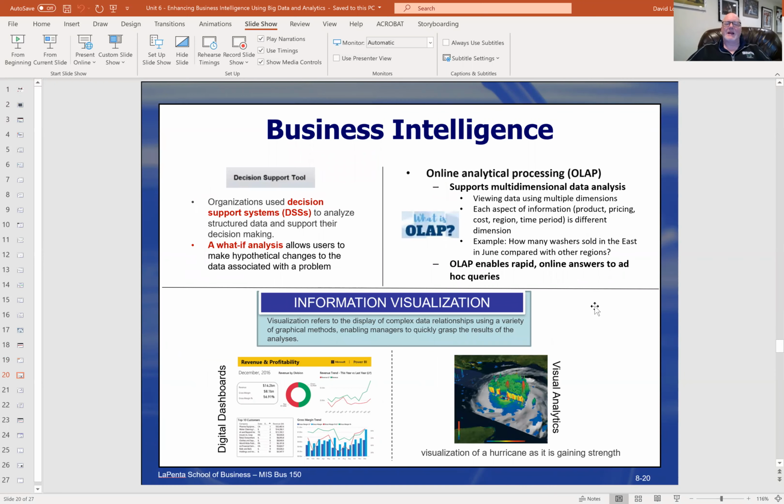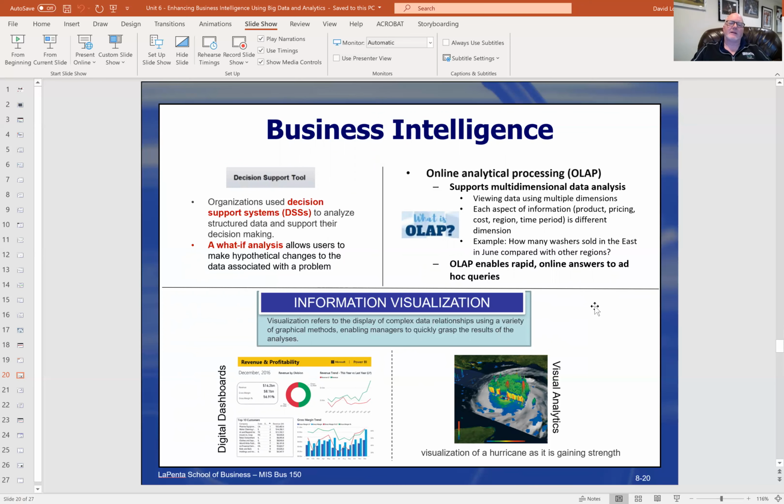So business intelligence has three major types of tools. The first category is decision support. They use these decision support systems to analyze structured data, data that already exists in a relational database, and to do classic what-if analysis off of it. What if the tax rate goes up to a certain level?